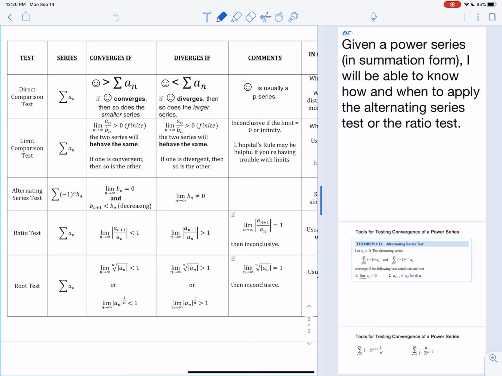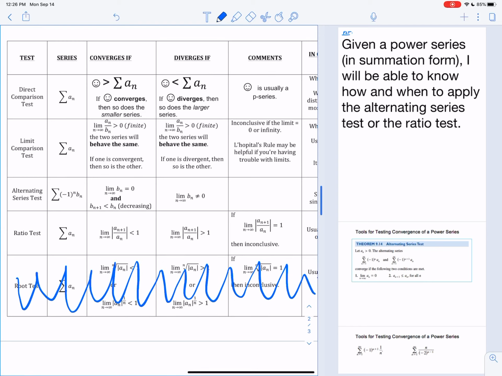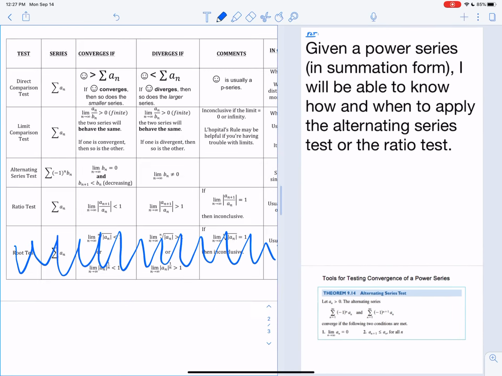So today we're going over the last two. Recently, College Board decided to omit the root test, which was easy, but that's just one less thing you have to worry about. So we're going over the alternating series test and the ratio test. Okay, here we go.